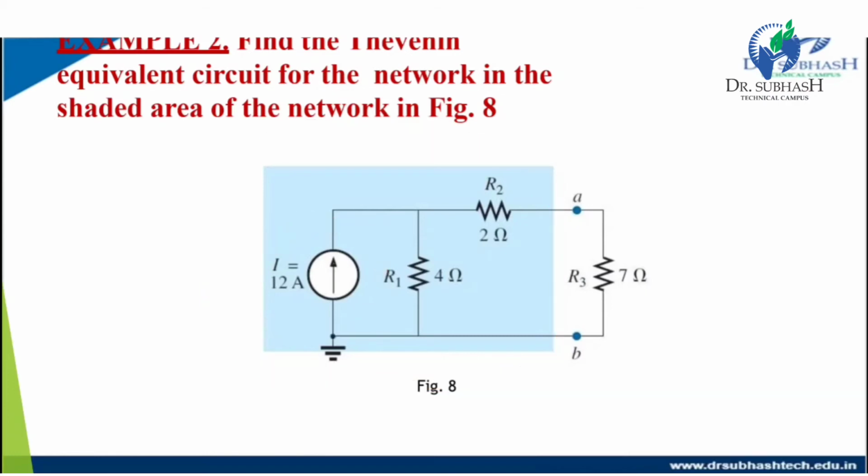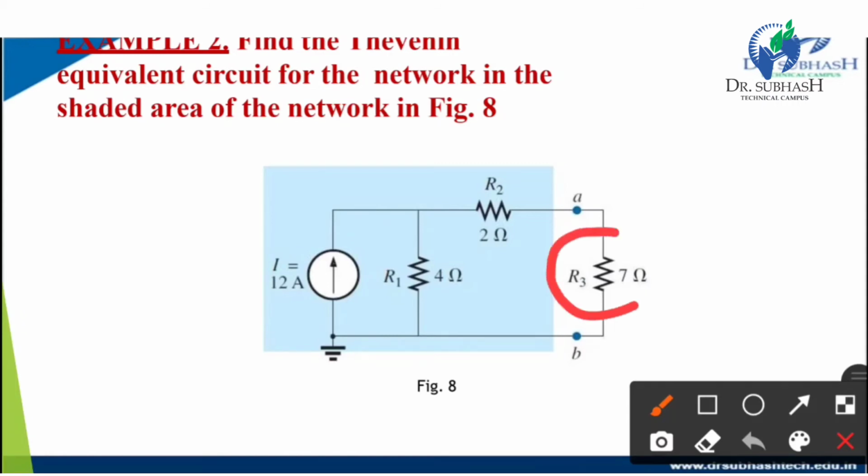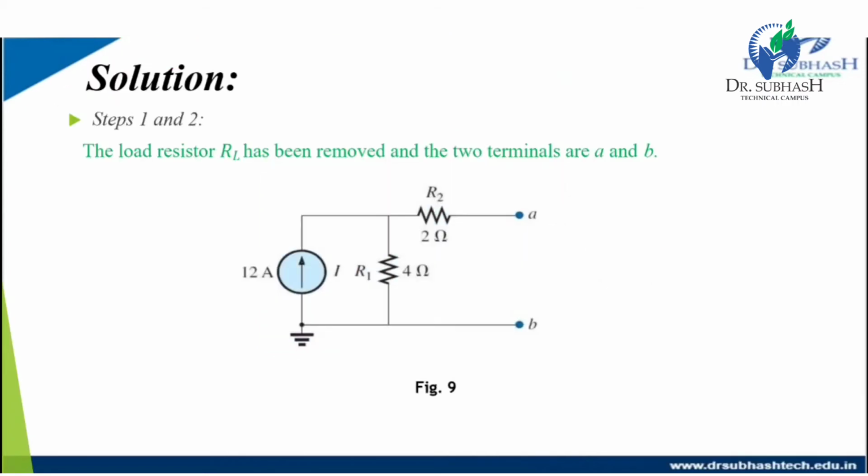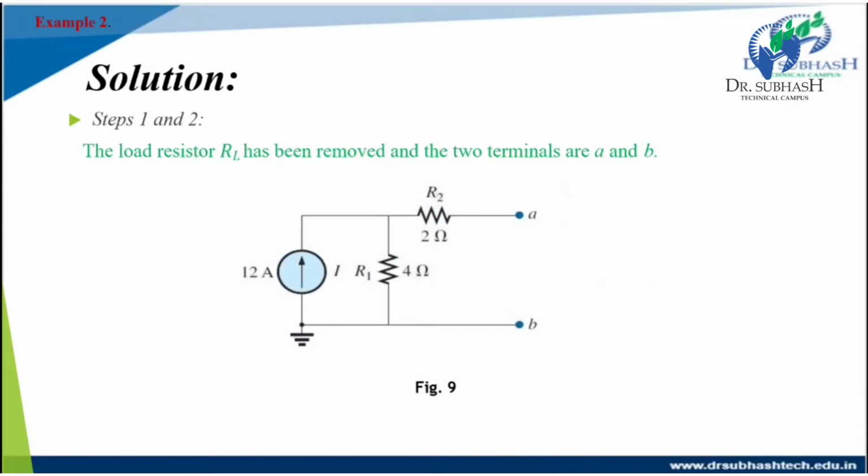So our first step is to remove R3. We will remove R3 and give the notation A and B. In the next slide we have just removed R3. So in step 1 and 2, the load resistor RL has been removed.